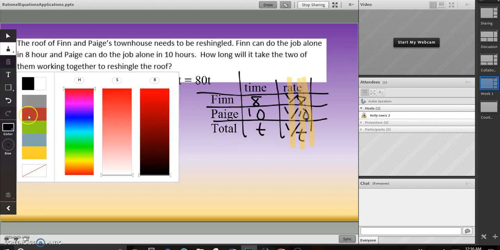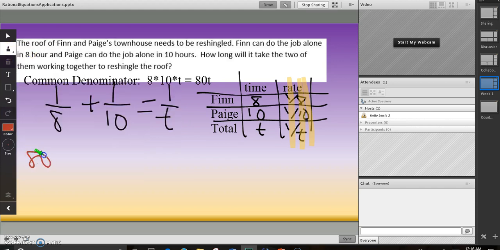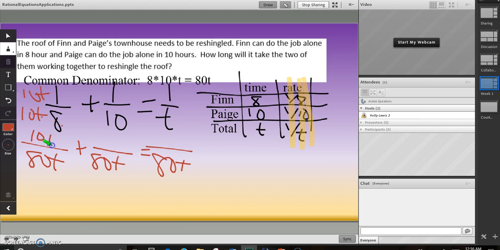I need each denominator to be 80t. For the first to be 80t, I need to multiply by 10t, so I get 10t on the top. For the second, I need to multiply by 8t, so I get 8t. For the last, I just multiply by 80, so I get 80.